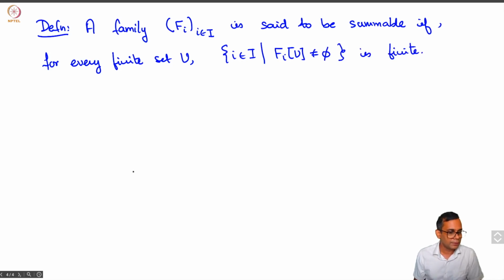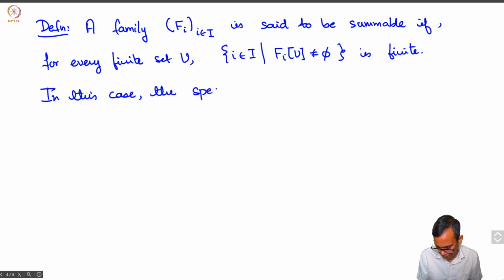So now if this is the case, then we can define the species, the summation over i in I of F_i.